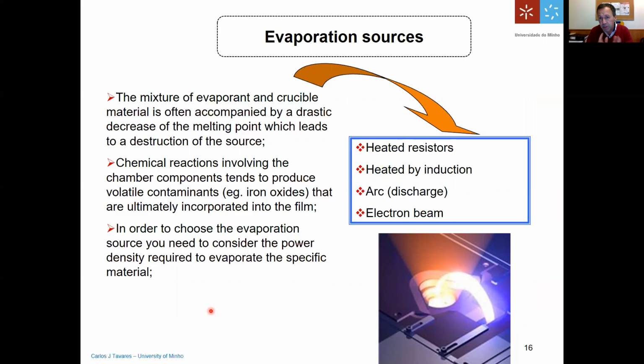You can use heated resistors. You can use systems heated by induction, like some, you know, in the kitchens. Perhaps some of you already have this kind of induction stove.